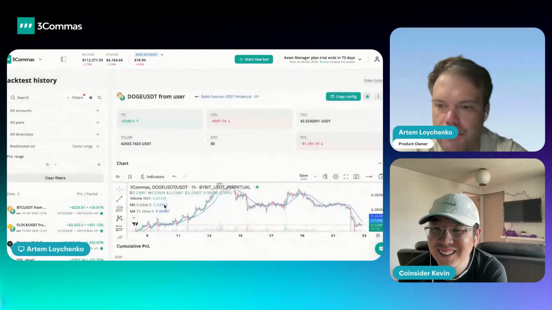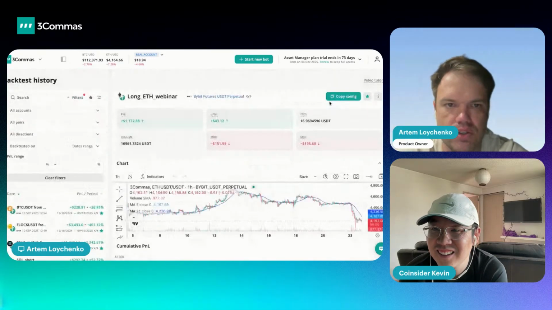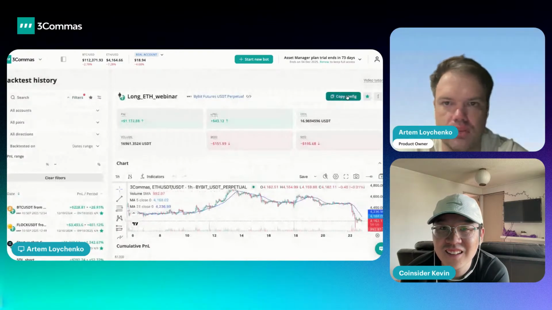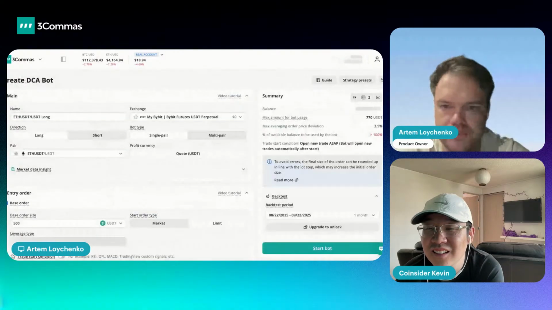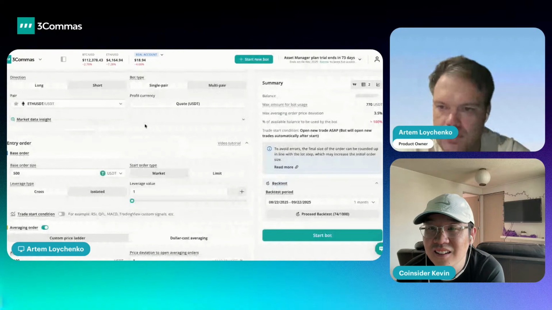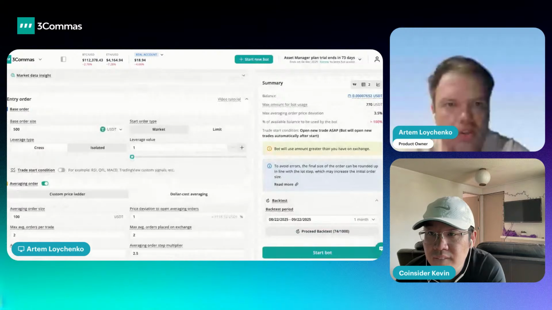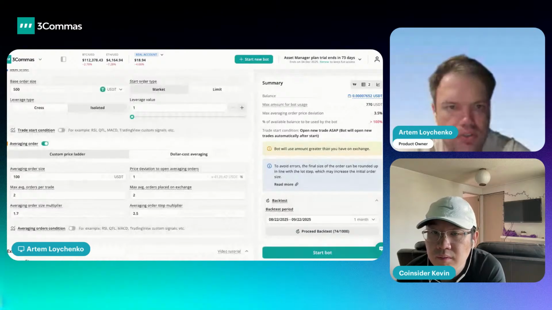I will open it and show it to remind us of the configuration. So I'm pressing copy config, sharing another tab. It will load in a bit. Interesting, I think it's not loaded fully. Let me recheck it, because it should show all the indicators.